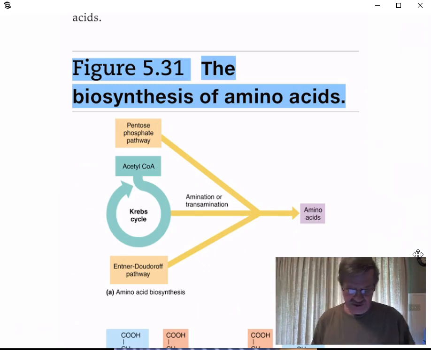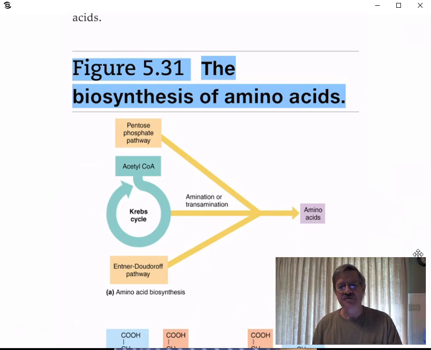And notice here's where one of those alternative pathways comes into play, pentose phosphate pathway, and then the Entner-Doudoroff, you can read it right there in front of you. That other pathway comes into play. Recall that those are two metabolic pathways that we do not have.